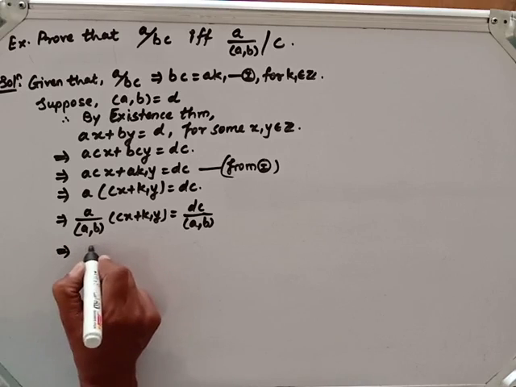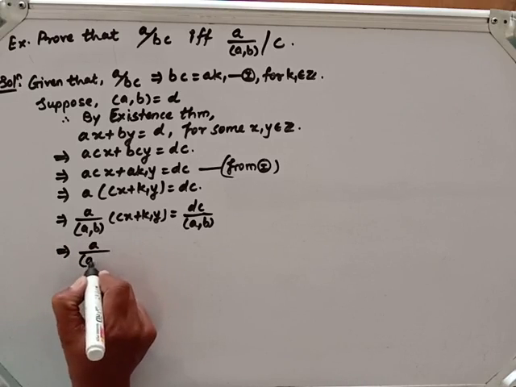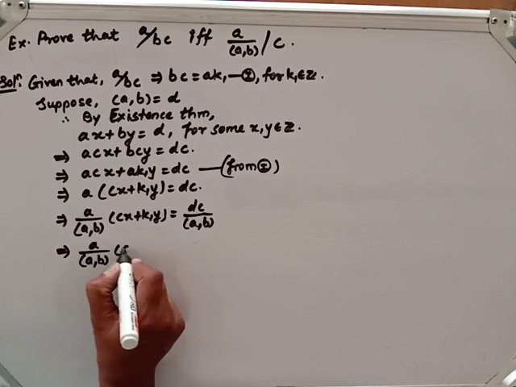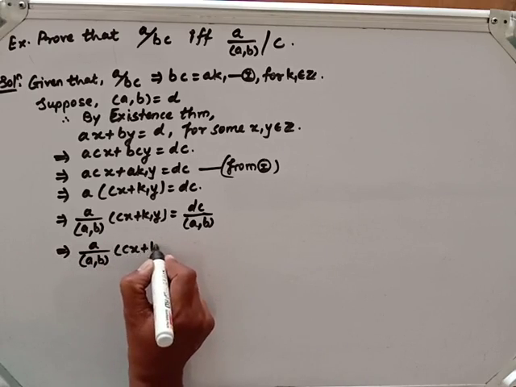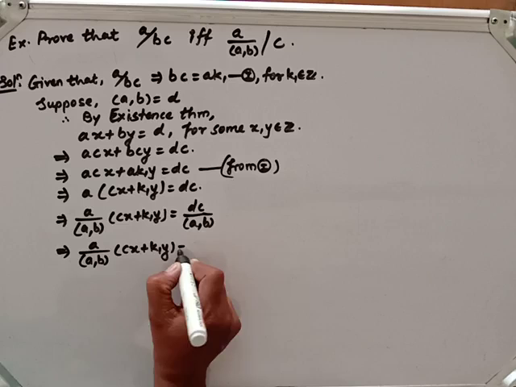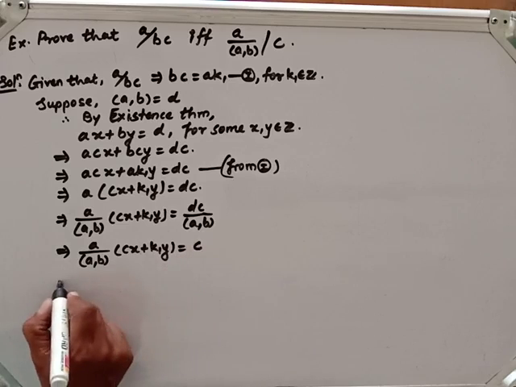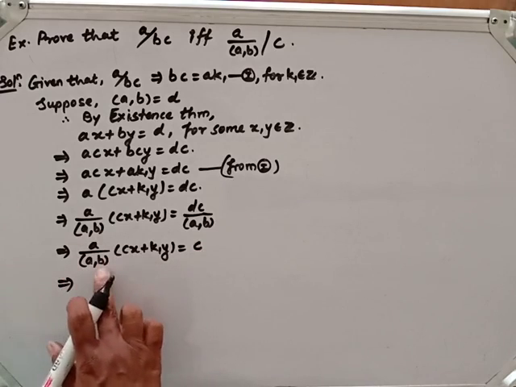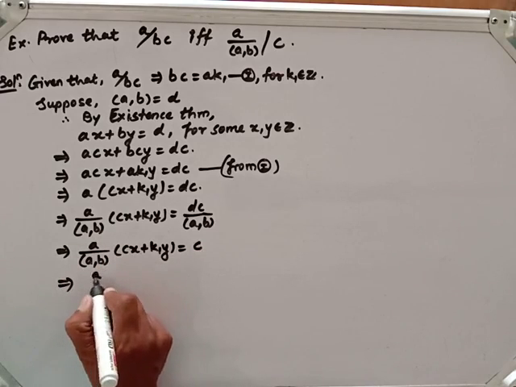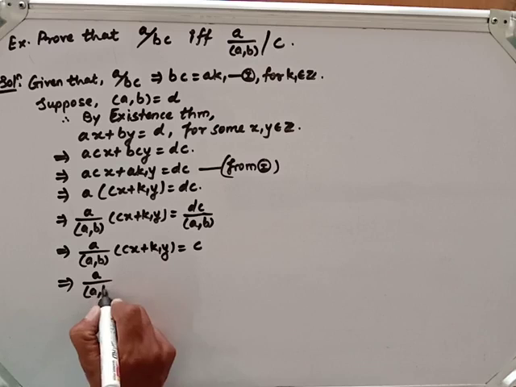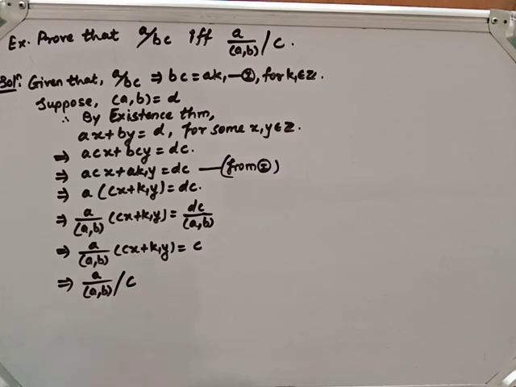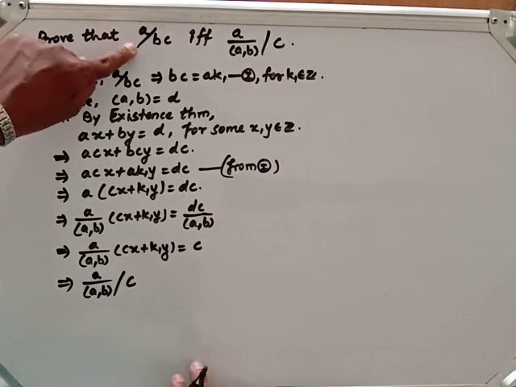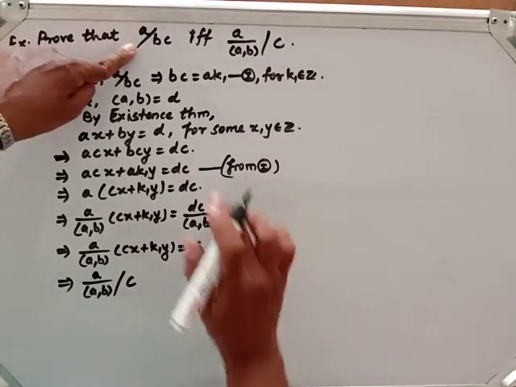So this gives A upon GCD of AB into Cx plus K1y is equal to C. So C is some multiple of A upon GCD of AB. So I get A upon GCD of AB divides C. So we have assumed this part and we have proved this part.